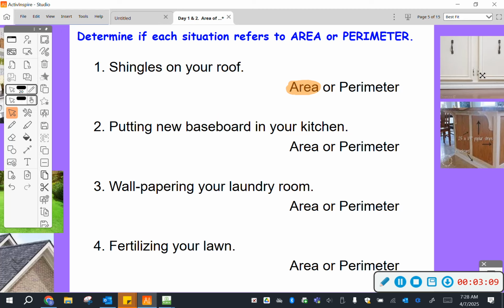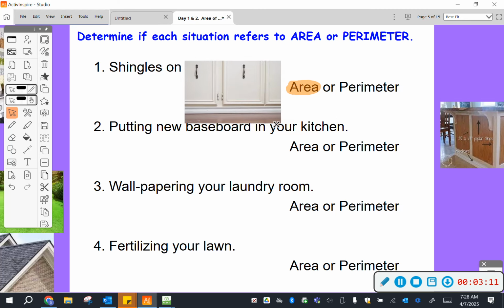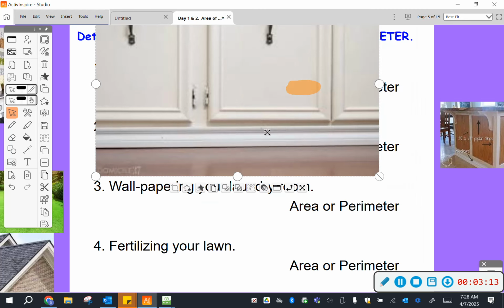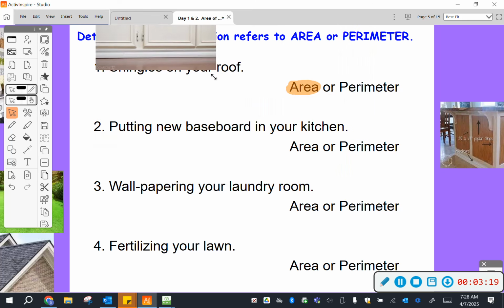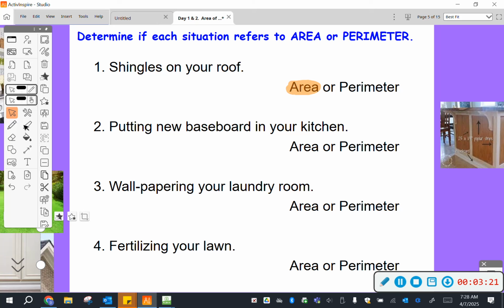They look probably more like this. Y'all see how at the bottom right here? Yeah, those are baseboards. Is that going to be area or perimeter? That is perimeter. It goes around the room. So baseboards go around the room. All right? And clean those suckers. They're probably really dusty and dirty. They take a lot of stuff to clean.